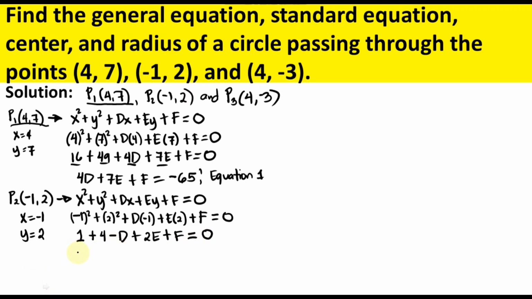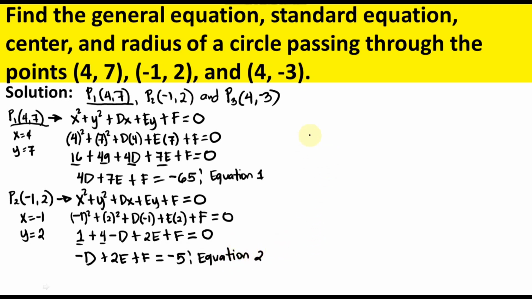So, mauna yung negative d plus 2e plus f equals 1 plus 4, that is 5. Pag i-transpose natin sa kabila, magiging negative 5. So, ito na yung equation 2 natin. Equation 2.